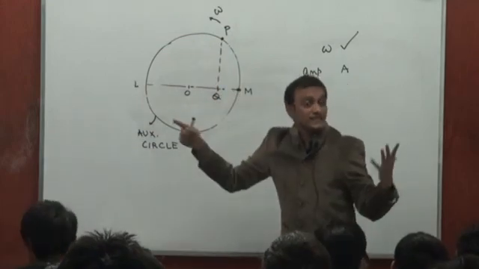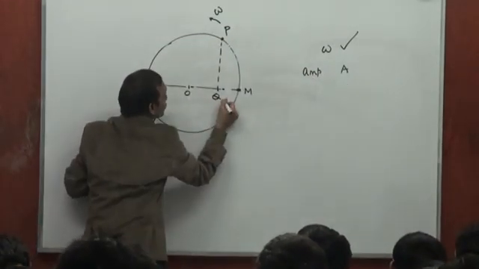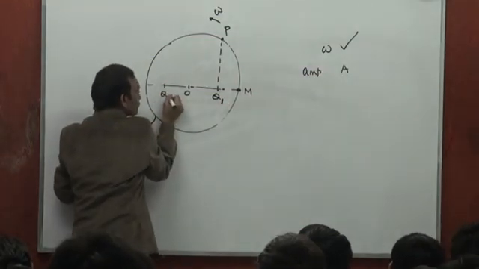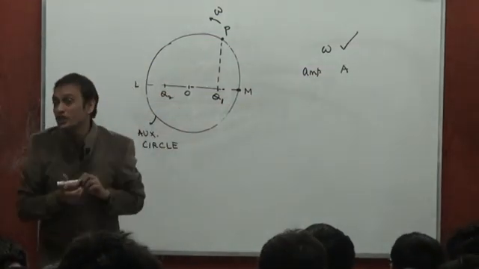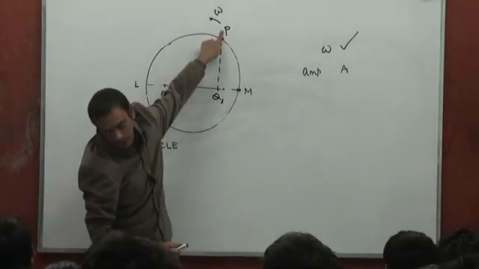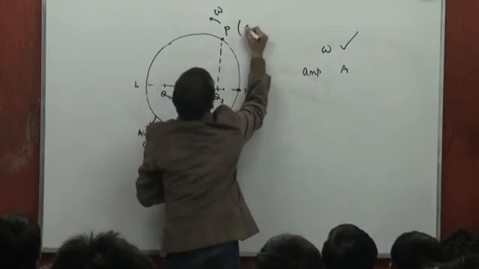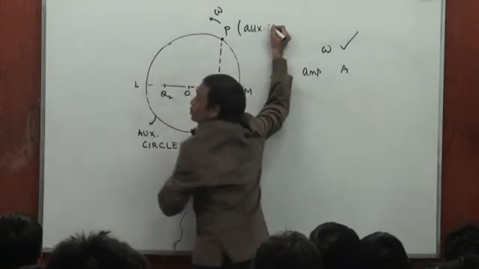I mean, like I said, if I want to find the time Q takes to go from Q1 to Q2, I don't look at Q, the oscillator. I look at the corresponding point on the auxiliary circle.